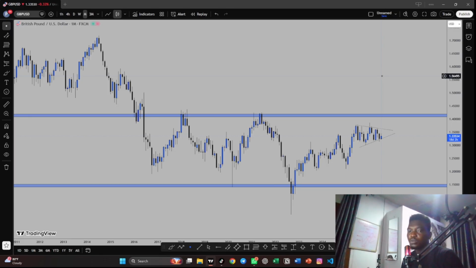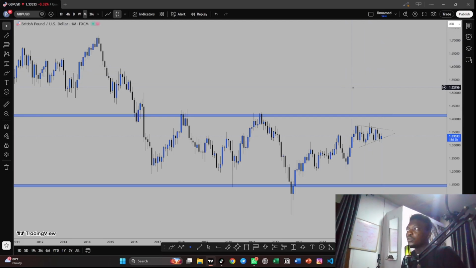You want to make sure that you go back to the higher time frame to see if you're actually in alignment with what you are trying to do on the lower time frame. So when I zoom back to the higher time frame, I notice that we are actually trapped in a range on GBP USD.